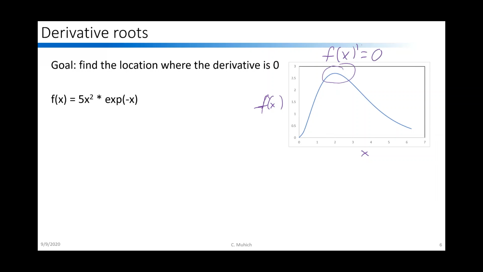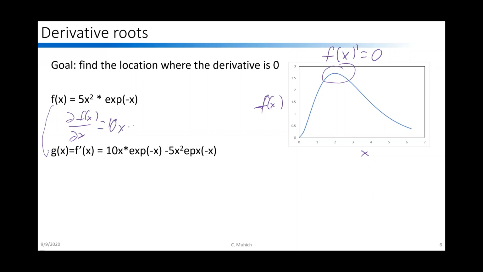Therefore, what we can do is convert f into a new function g of x. That's the derivative. All I've done moving from f to g is I've taken that derivative. So the derivative of f of x dx, we can do this out together, is 10x times exp negative x minus 5x squared exp negative x.